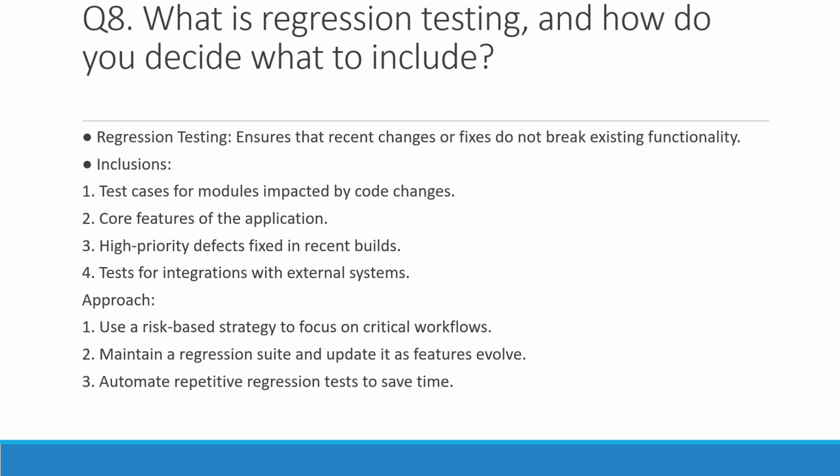You include test cases for impacted modules, core features of the application, high priority defects fixed recently, integrations with external systems. Your approach should involve a risk-based strategy targeting critical workflows, maintaining and updating a regression test suite as features evolve, automating repetitive regression tests to save time.